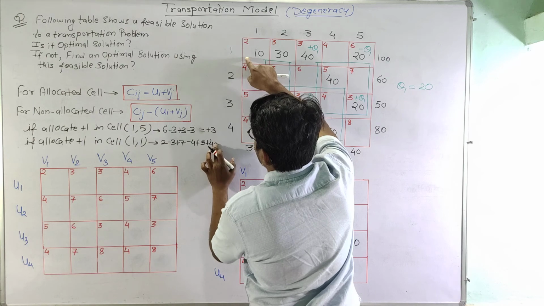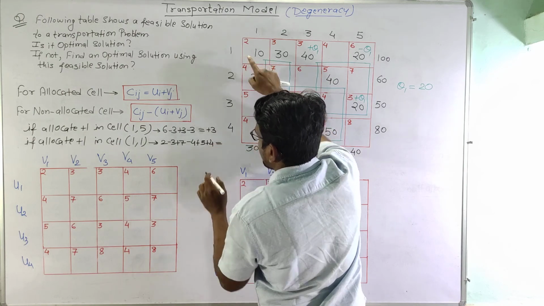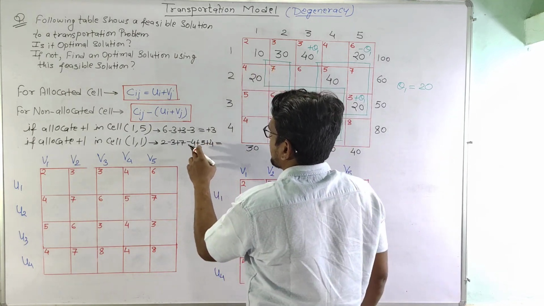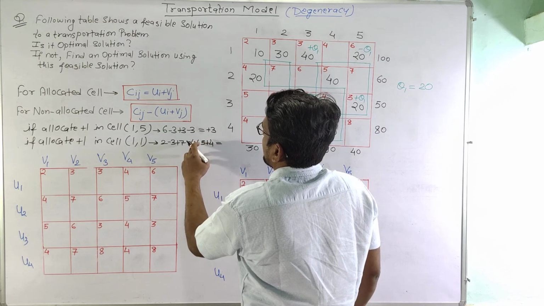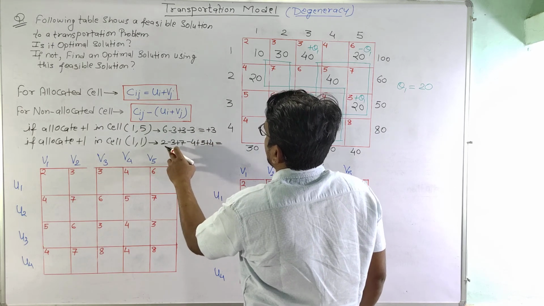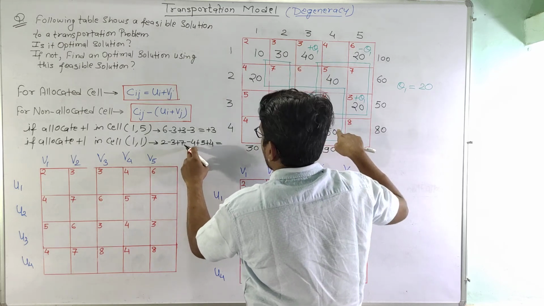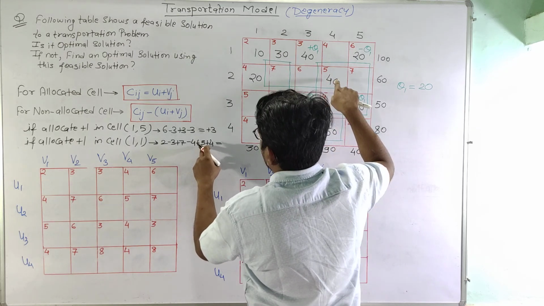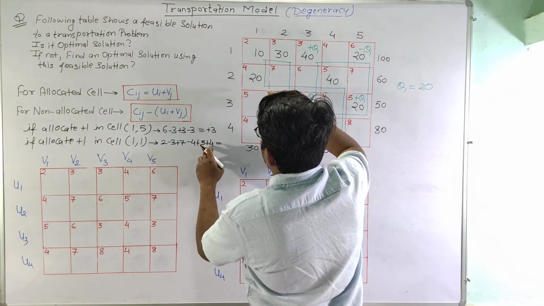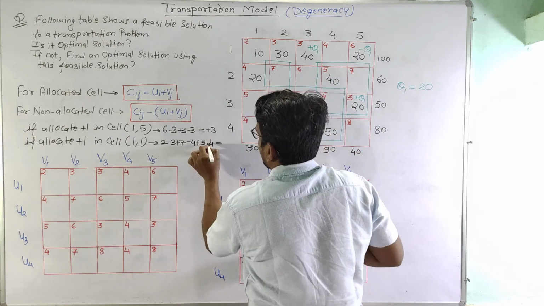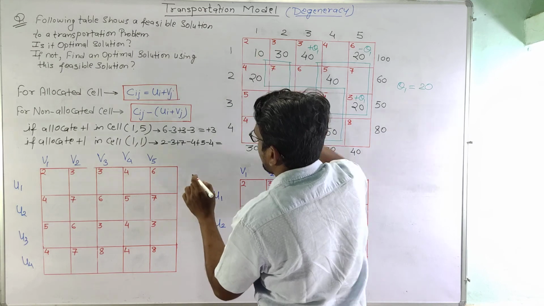So I have already taken 2 into account. So this will result in 2 minus 3 plus 7 minus 4 plus 5 and minus 4. So this will be minus 4 and then plus 2.